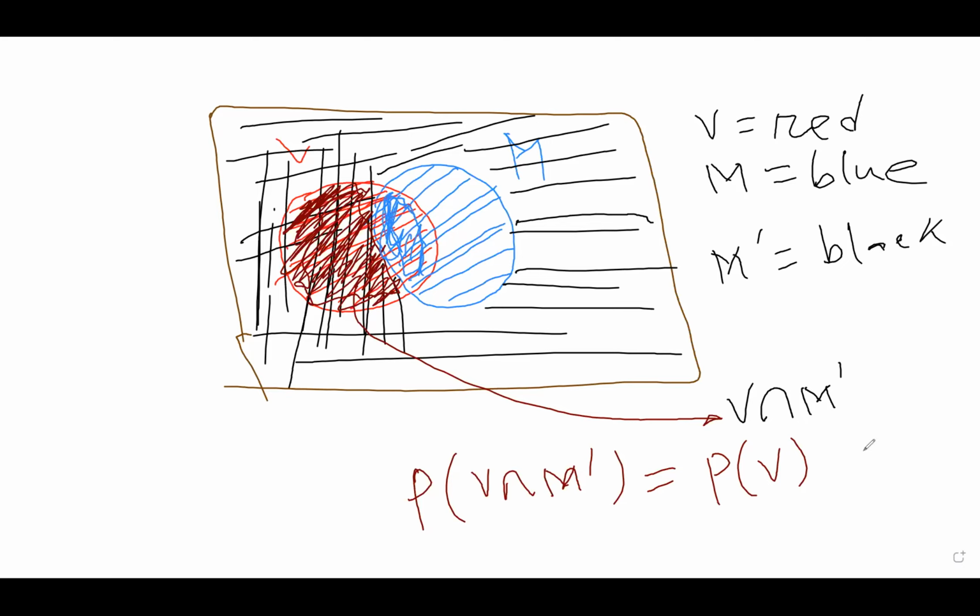This is actually V intersection M. So that means minus V intersection M. That's why the probability of V intersection M complement is probability of V minus probability of V intersection M. Is it clear, or do you have any question?